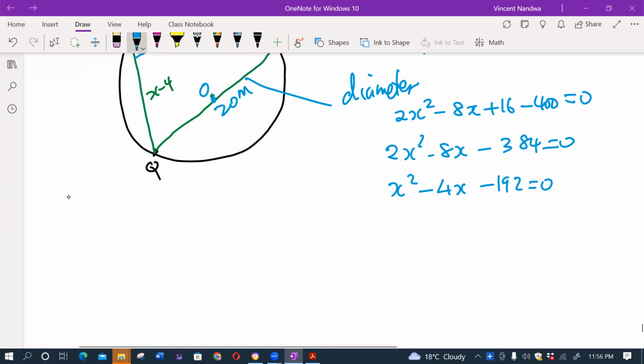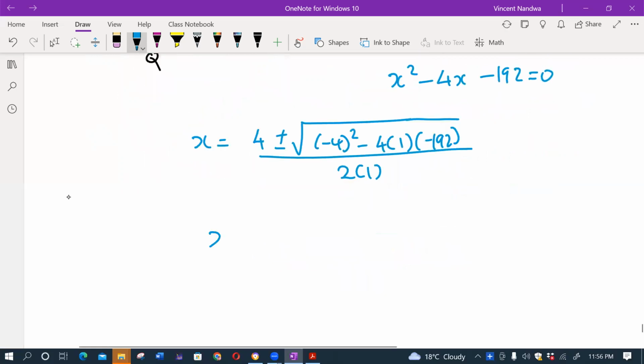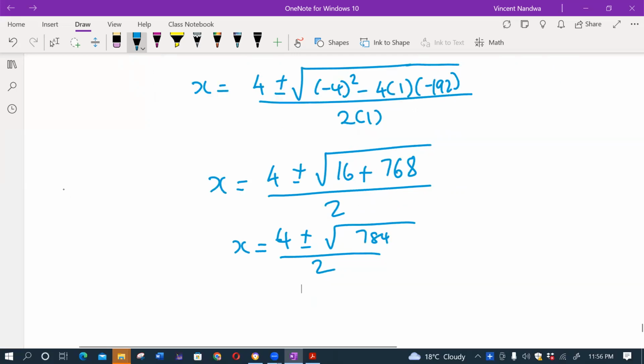And this will give me x equals, by the quadratic formula, 4 plus or minus the square root of minus 4 squared minus 4 times 1 times minus 192, divided by 2 times 1. x equals 4 plus or minus the square root of 16 plus 768, which is 784. The square root of 784 is 28.